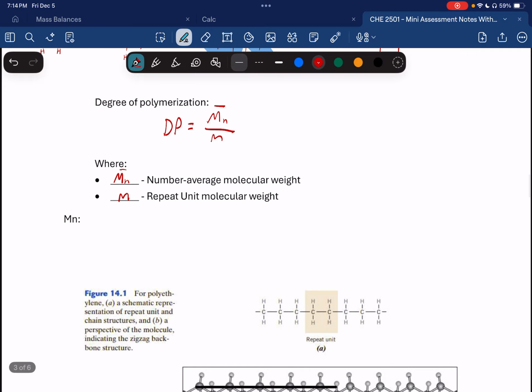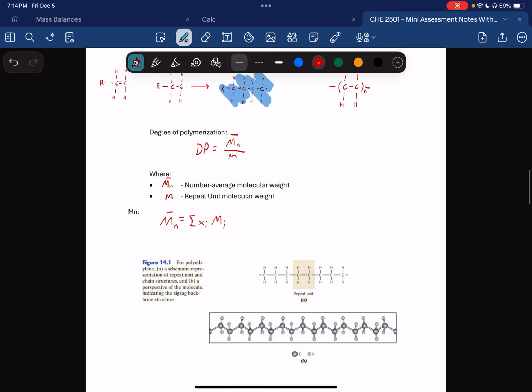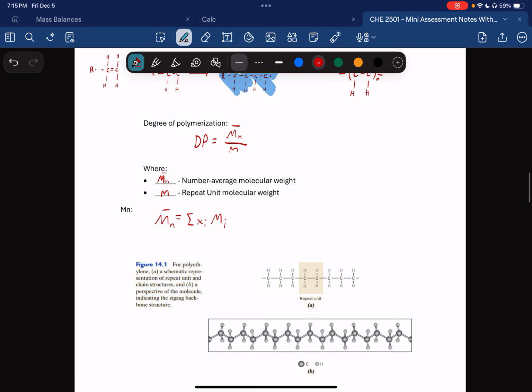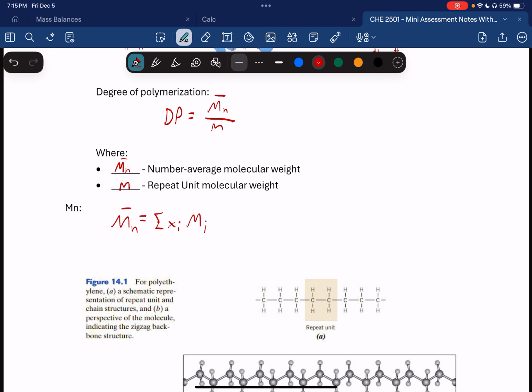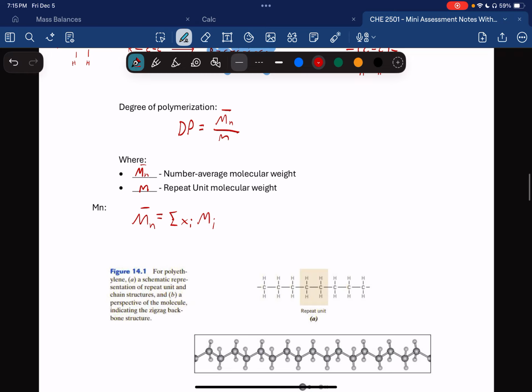Mn, we can find with another simple equation, equals the sum of... so really all this is just playing with the molecular weights of the species you're adding together and taking the average of that, and then dividing that by the repeat unit. So that's how you get your degree of polymerization.